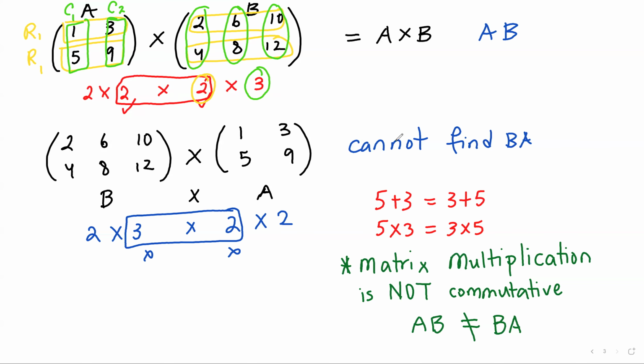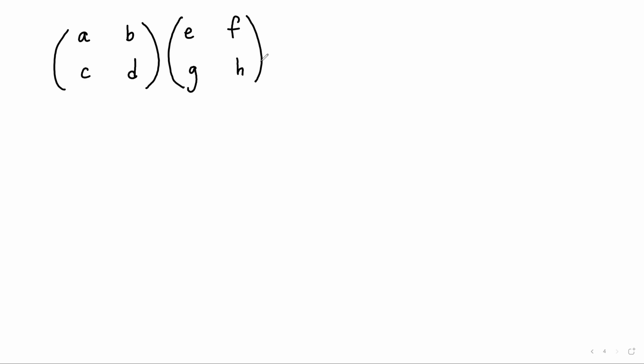All right, so now let's get into the strategy for multiplying matrices. If I'm going to use letters first, say I have a matrix A, B, C, D, where I'm using these letters as representations of actual numbers just to show you the strategy, and then I have another matrix E, F, G, H, and I want to multiply them by each other, this is what I do.